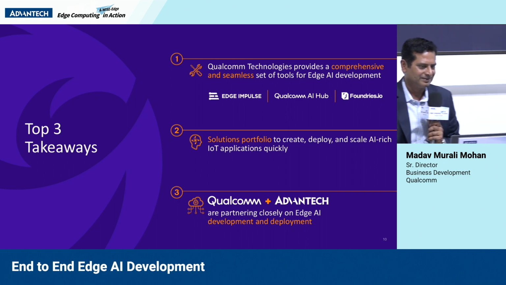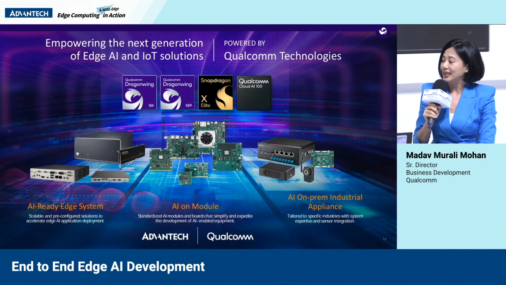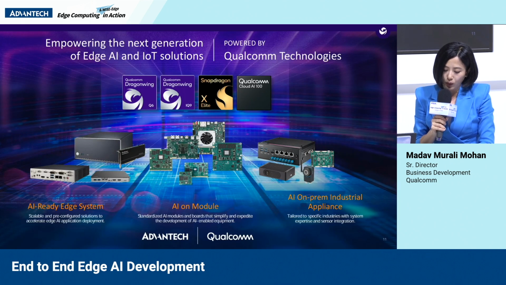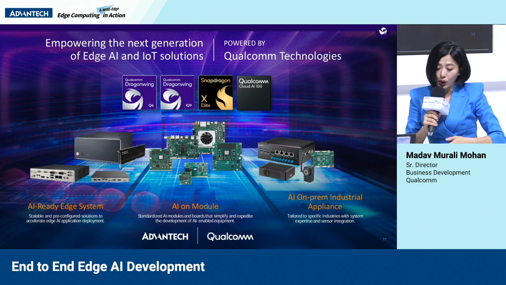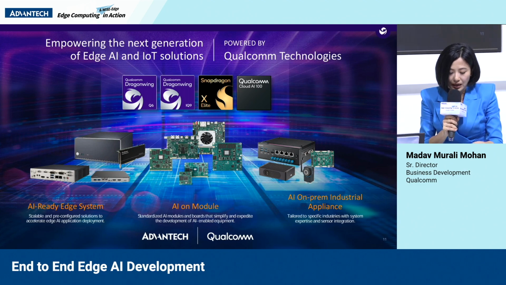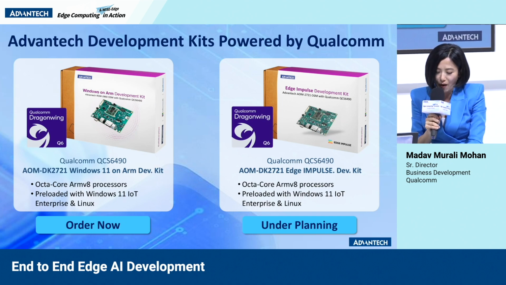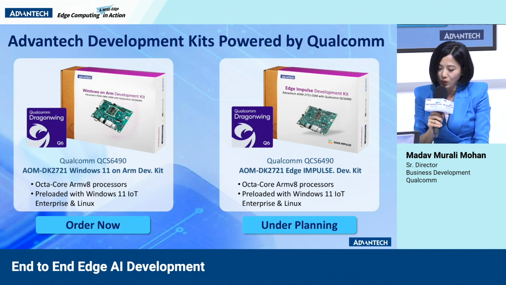Thank you. Okay, Madav, thank you for sharing such valuable insights. Let's highlight a powerful resource for developers. Advantech is ready to deploy development kits powered by Qualcomm's Dragonwing QCS6490 platform, as you see on the screen.